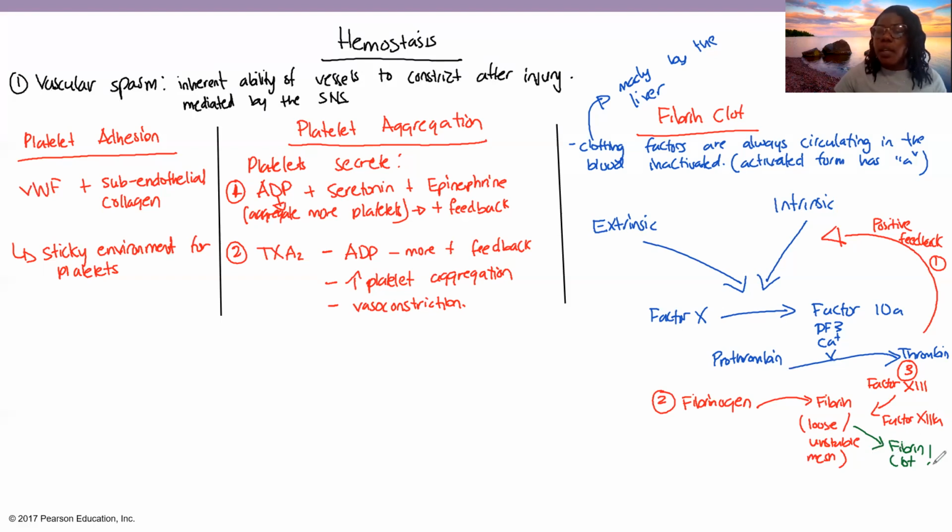All right. Last thing I'll go over here is kind of how we regulate clotting, right? We spoke about the fact that clotting should not be happening indefinitely. It definitely needs to be regulated. And so we'll go over how we regulate that clotting, as well as how we can dissolve existing clots.